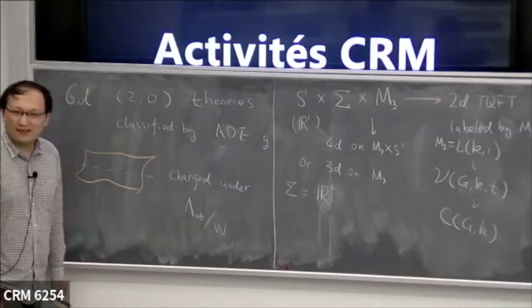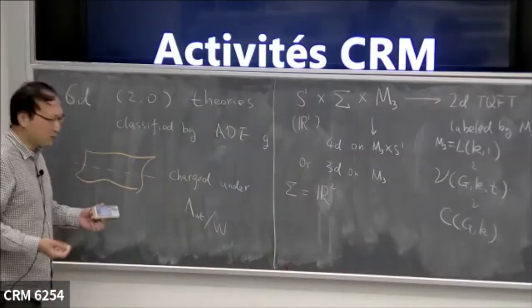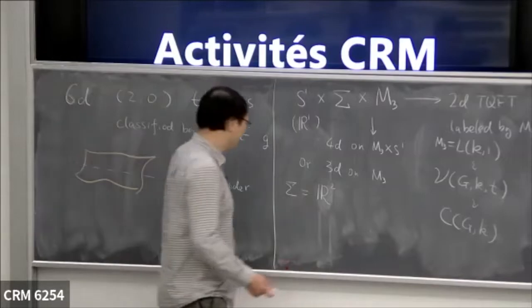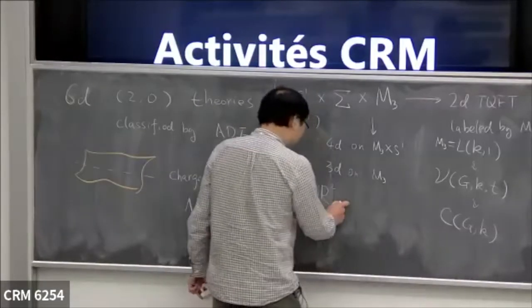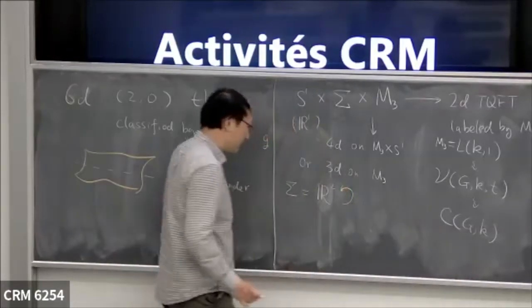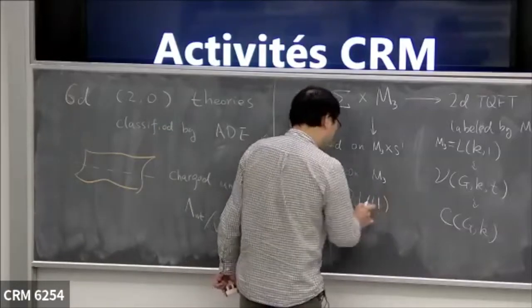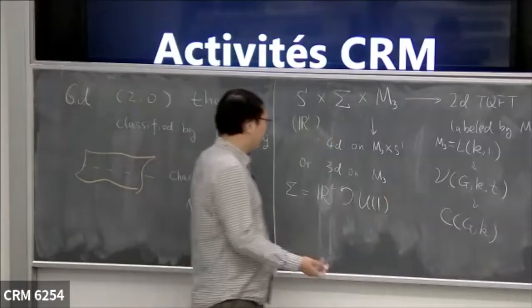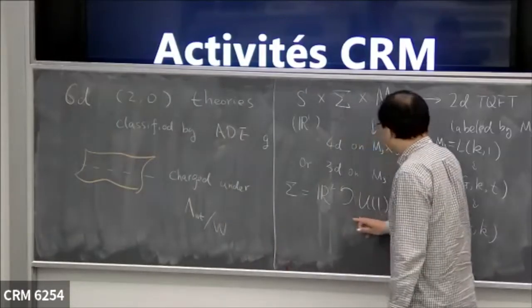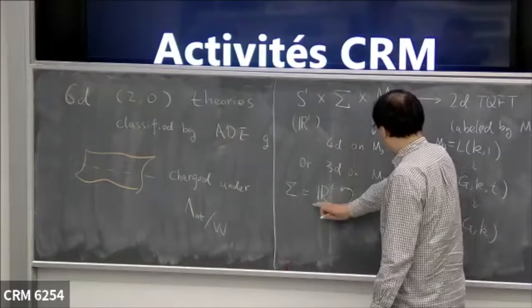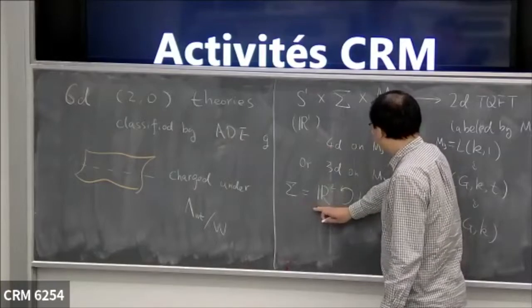So in particular, there's not really a need to choose any boundary condition at this moment. And then R2 would have isometry, so I can have an action of the U1. And then what happens if I look at the resulting theory?